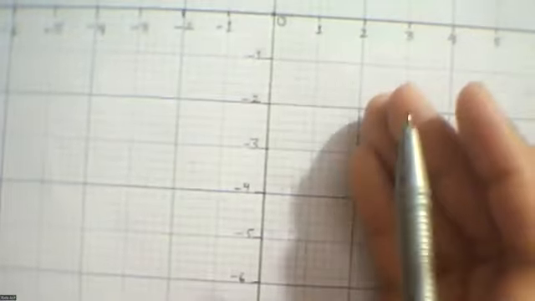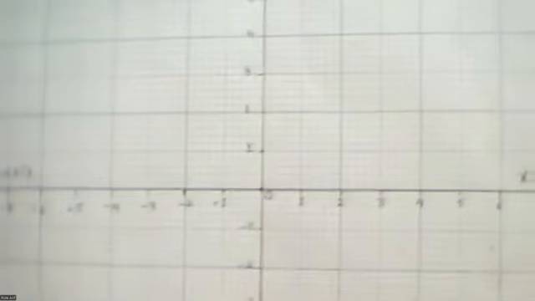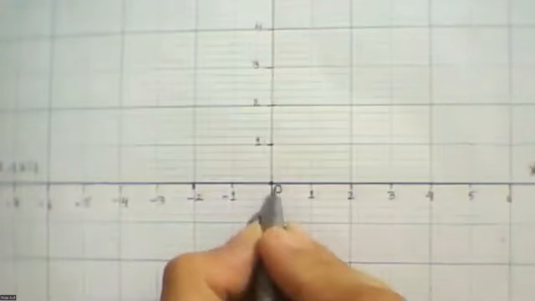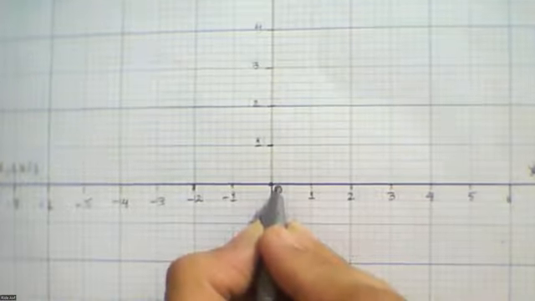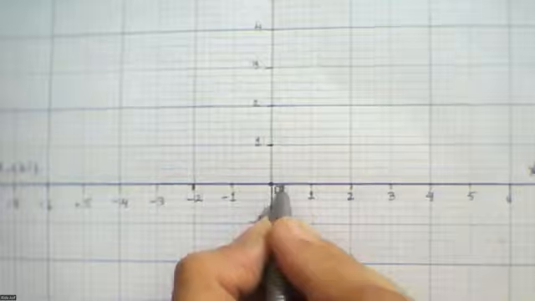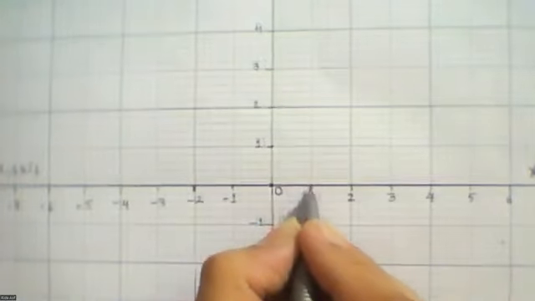On our x-axis, I have taken 5 small squares equal to 1 unit, right?